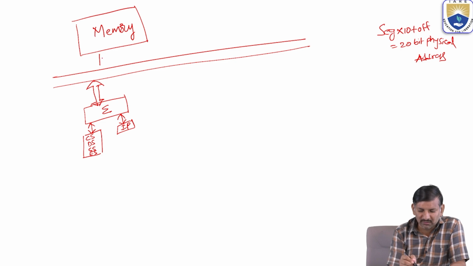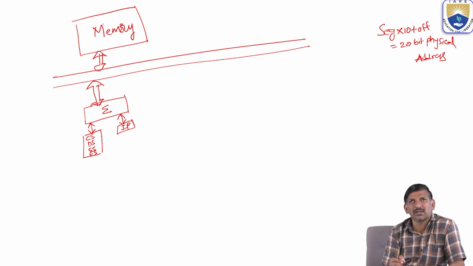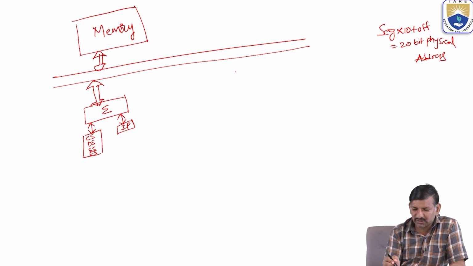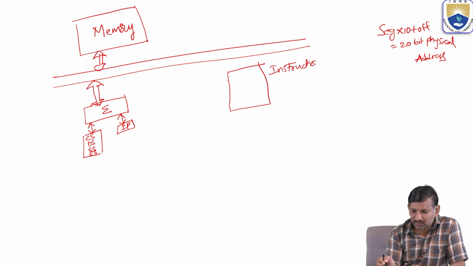So I am going to the memory and accessing that memory location. From that memory location, I am fetching the instruction that is stored in the instruction queue. The instruction queue size is 6 bytes.